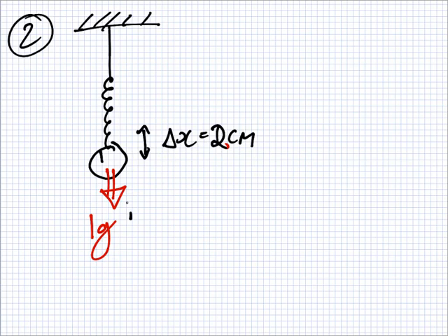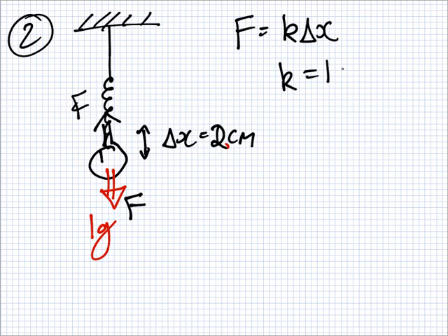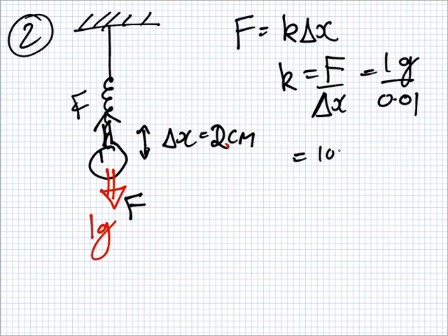So this is the F. So you have F equals K delta X. So K equals F over delta X, which is 1 g over 0.01, which is 100 g. Newtons per meter.